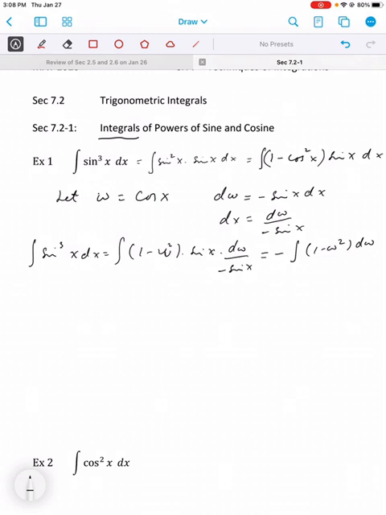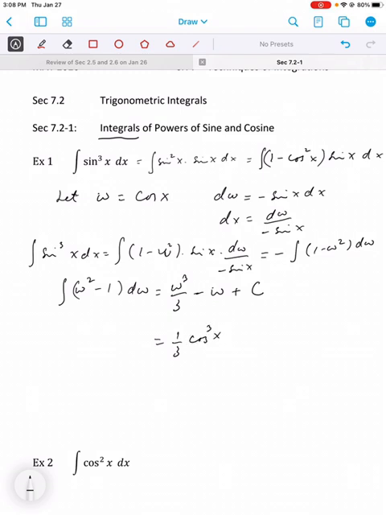That gives us w cube over 3 minus w, and then we introduce the constant of integration. Now we replace back our w, which gives us 1 over 3 cosine cube x minus cosine of x plus c.